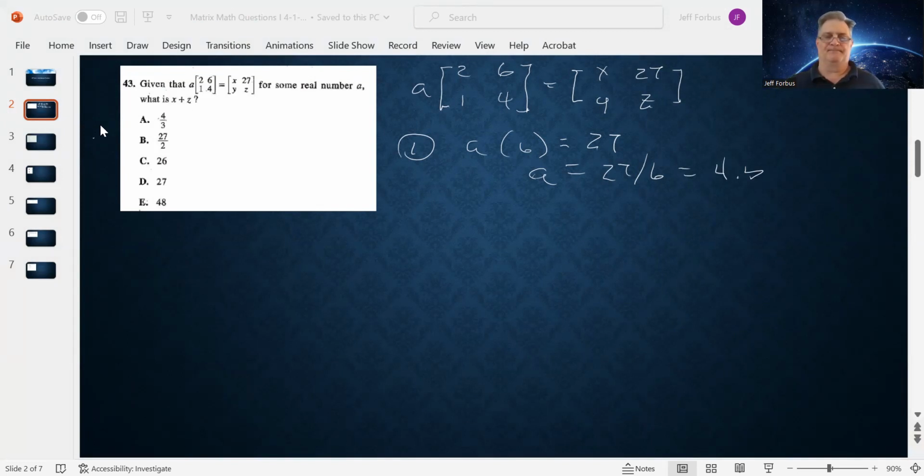All right. So now we know what A is, we can figure out what X is, because we want X plus Z.